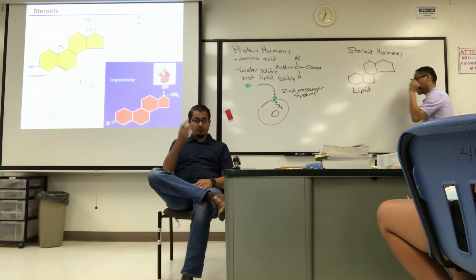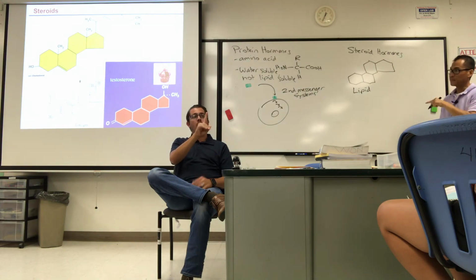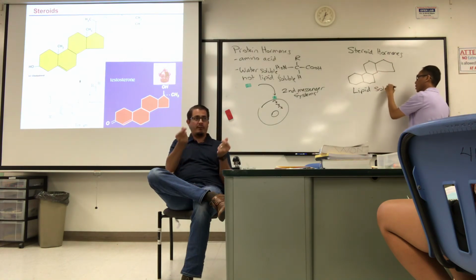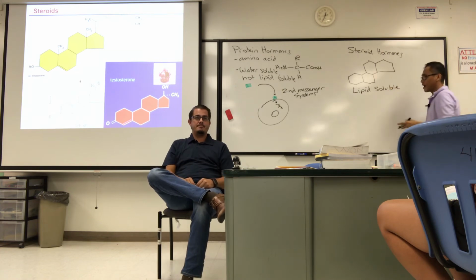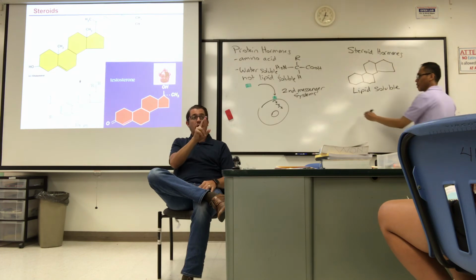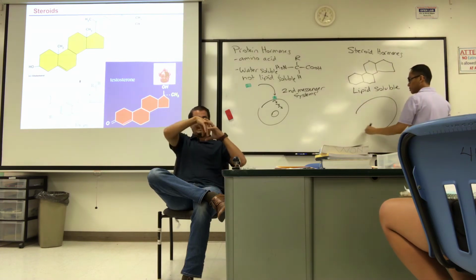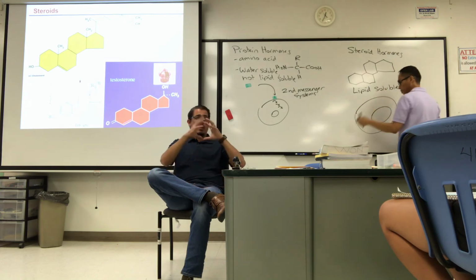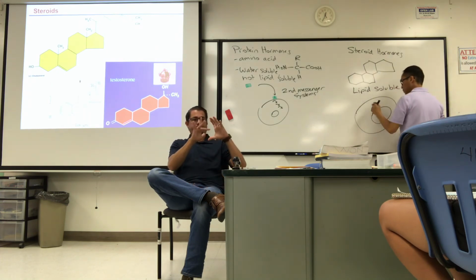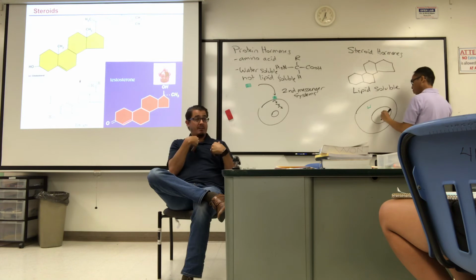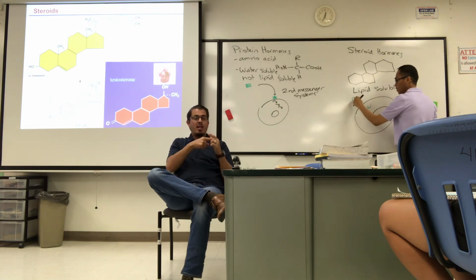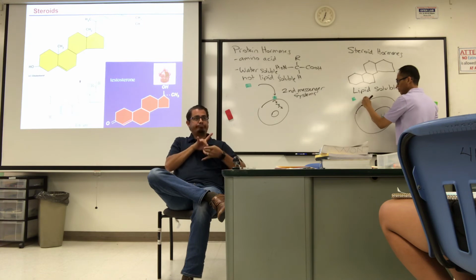Because steroids are classified as a lipid, these are lipid soluble, not water soluble. And because of that, they can bind their receptor inside the cell. So say, for example, here's the cell membrane, here's the nucleus. You can have a receptor that's in the cytoplasm or in the nucleus, and then the hormone can bind in either location.